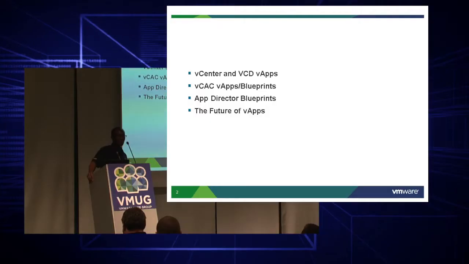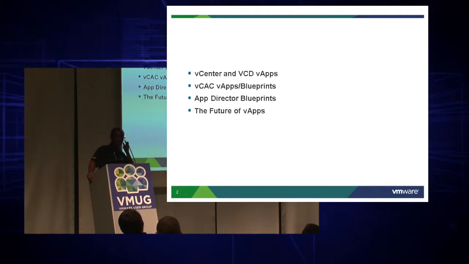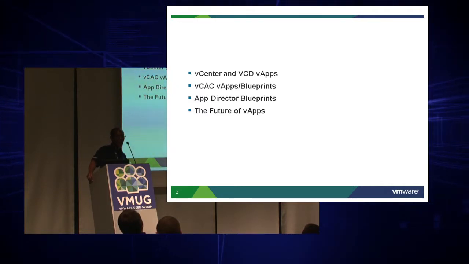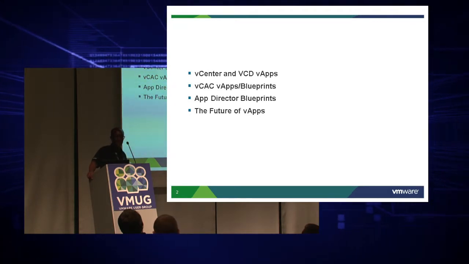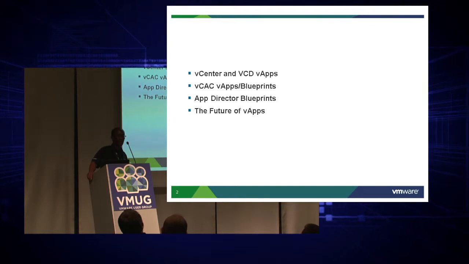All right? So we'll start off with the vCenter and VCD applications and how those are defined and encapsulated, and then I'll go over a bit on how it's done with blueprints with VCAC, as well as App Director, just sort of a quick overview of it.